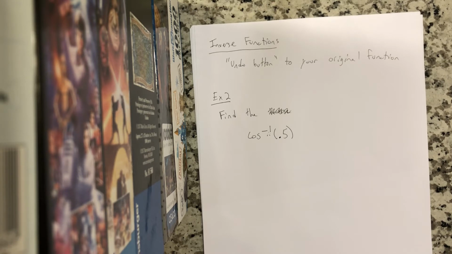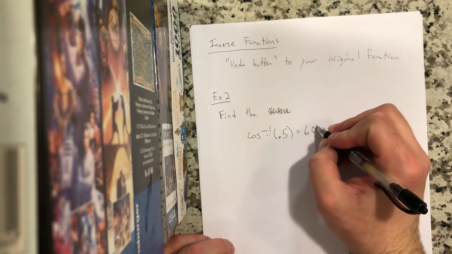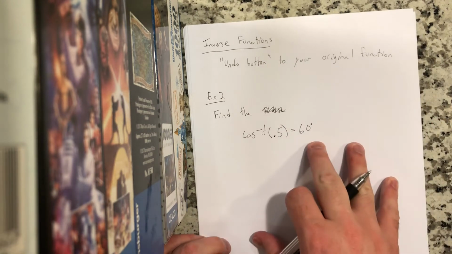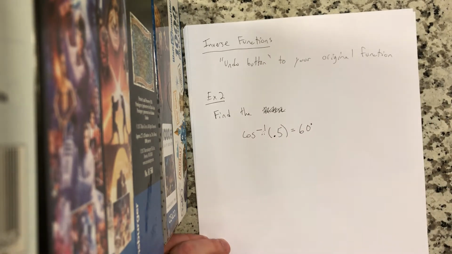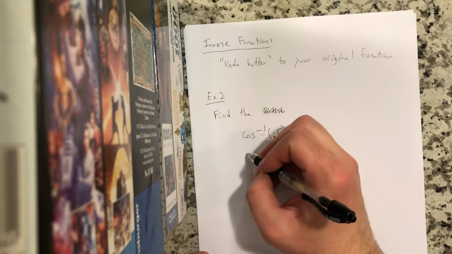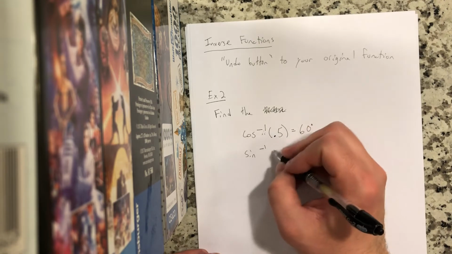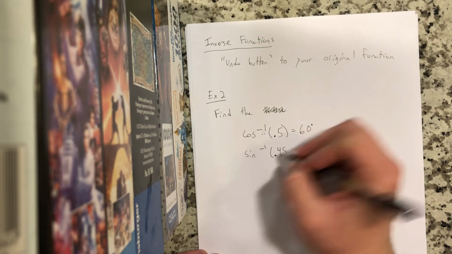So depending on the calculator, just figure out right now which one you have and which way is going to work. And I will tell you the answer should come out to 60. And this is going to be represented in degrees, so we'll put our little degree symbol there. So again, mess around with your calculator. Try to get 60 degrees to come out. If you're having calculator issues, please let me know so we can try to solve them and figure out what's going on with your calculator.